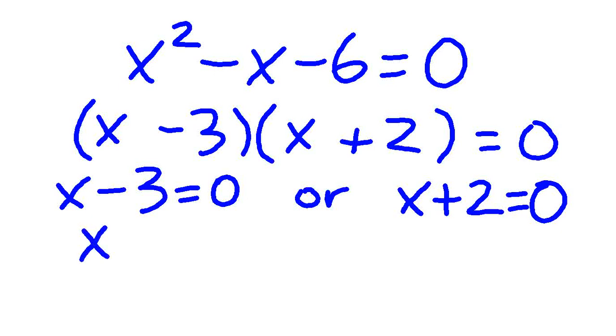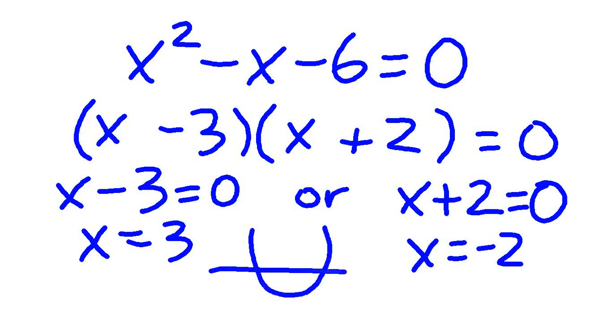So therefore, x equals 3, or x equals -2. As in, when we plot this, we'll get a 0 at -2 and a 0 at 3.